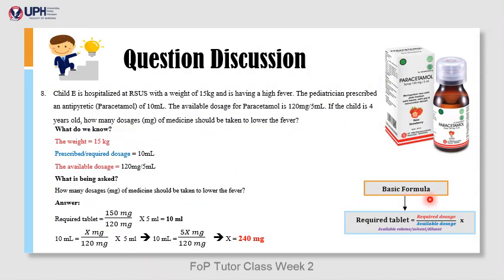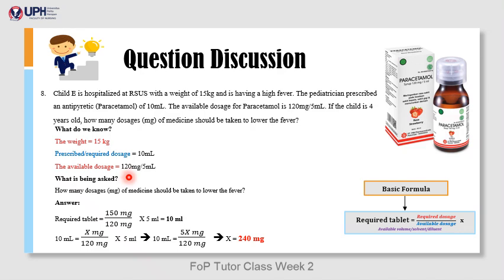So again, remember the basic formula and we read again the question. But then the pediatrician prescribed 10 milliliters, so the available dose is 120 milligrams over 5 milliliters. So now let's calculate. So the weight of the child is 15 kilograms. The prescribed dosage is 10 milliliters and the available dosage is 120 milligrams.